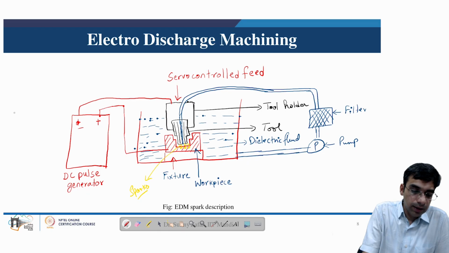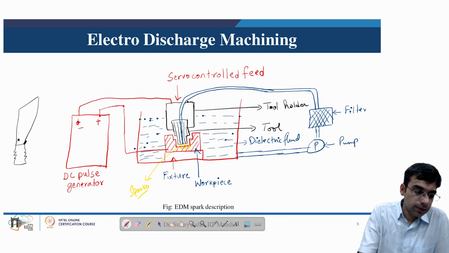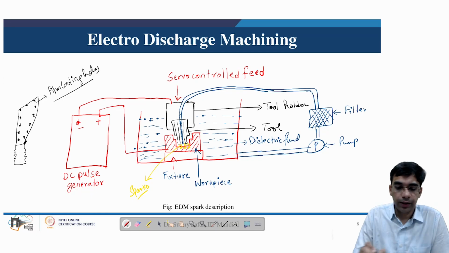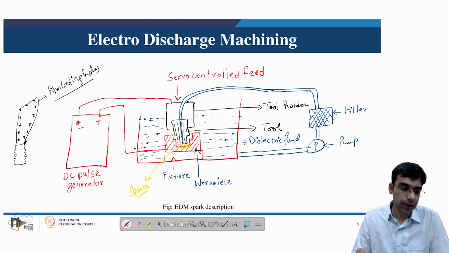So in the gas turbine blade, we want to generate these film cooling holes. So film cooling holes are generated using this electric discharge machining in the gas turbine blades.